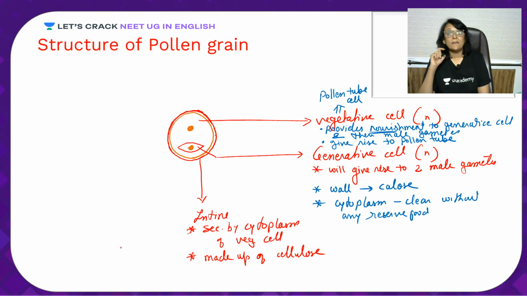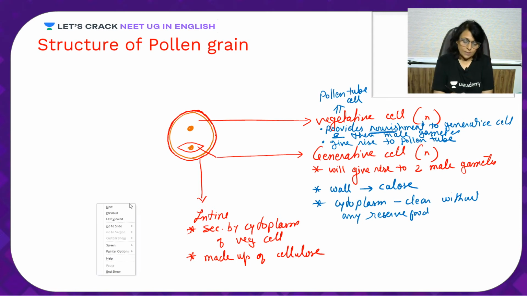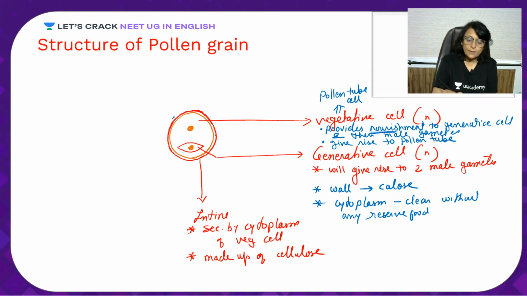Okay, and now tapetum secretes sporopollenin, and this sporopollenin slowly gets deposited outside the intine. Now when sporopollenin gets deposited, because it is getting deposited from outside, the outer surface is not smooth.